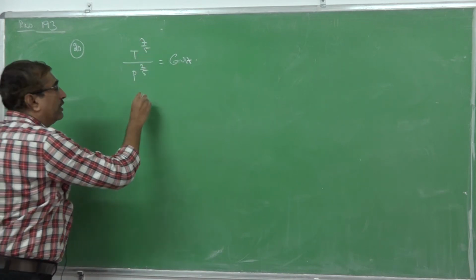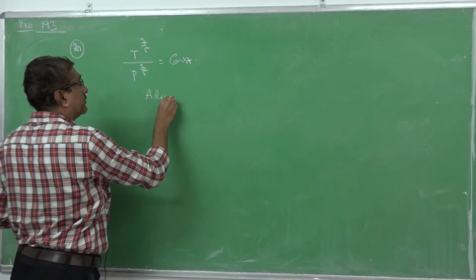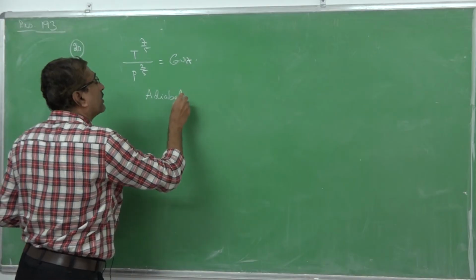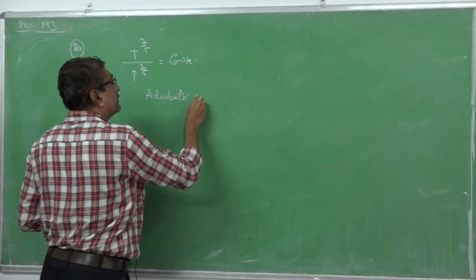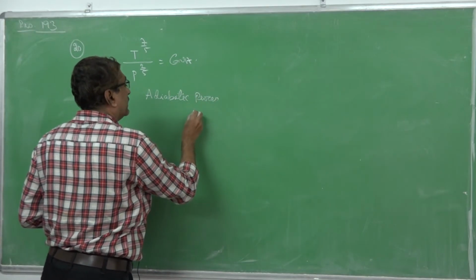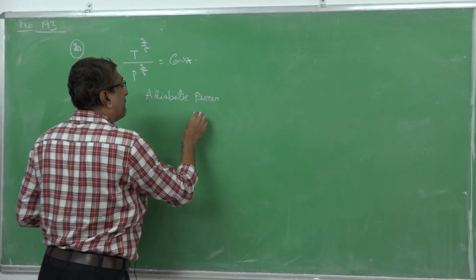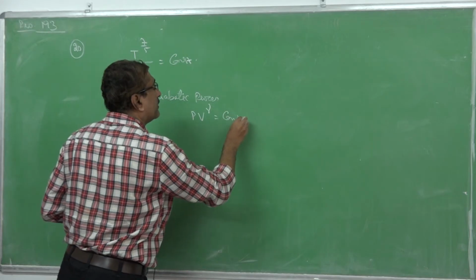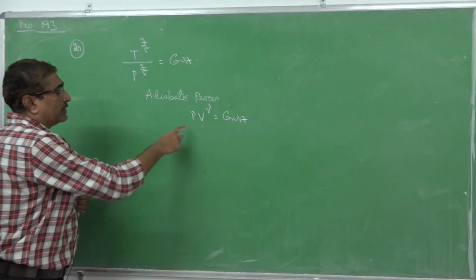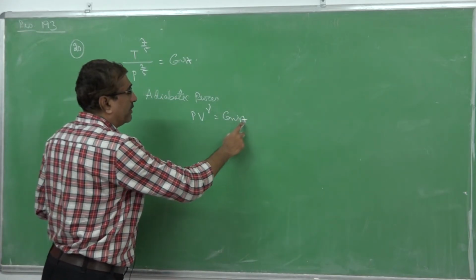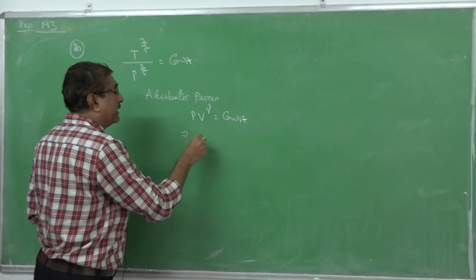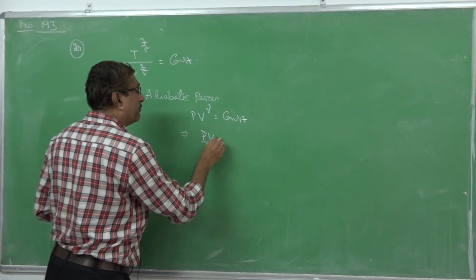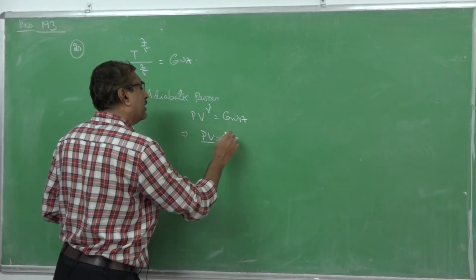So we have, in an adiabatic process, PV power gamma is constant. But for an ideal gas, PV is equal to RT, or PV by T is constant.